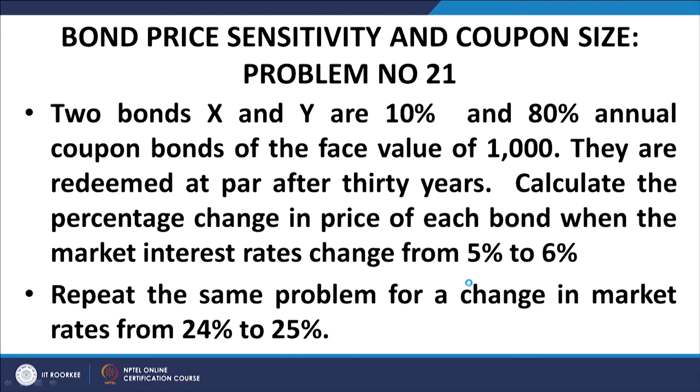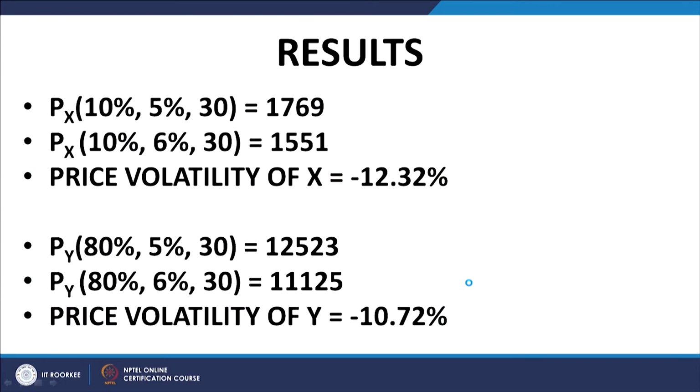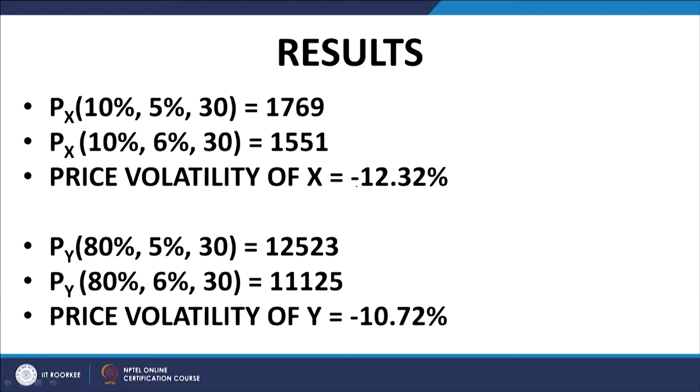And as far as coupon size is concerned, if you have two bonds with different coupon sizes, one with 10% and one with 80% coupon, you can see that the 10% coupon bond has a higher absolute sensitivity compared to the 80% coupon bond.